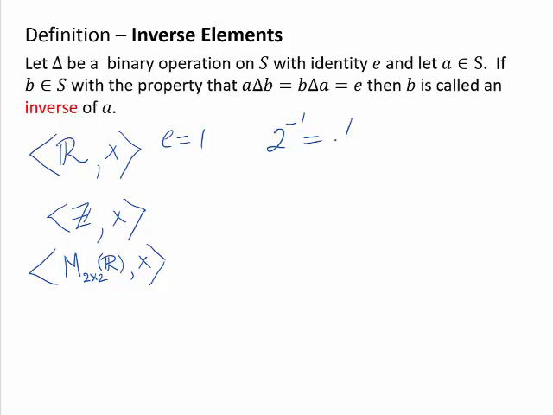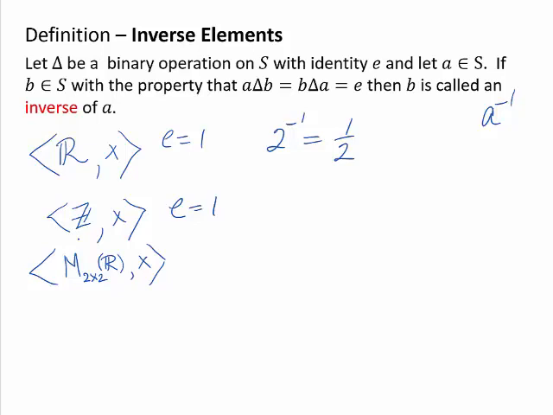This is the notation that we use. A inverse is the inverse of A. It does not always mean 1 over, but in the real numbers it does. In Z we have a multiplicative identity, it's 1. Now here in Z, 2 does not have an inverse, but 1 and minus 1 do.